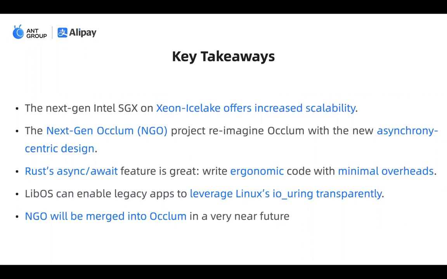But by using our Occlum library OS, your application can benefit from Linux I/O ring transparently, which we think is very great. And the next gen Occlum will be merged into Occlum in the very near future.